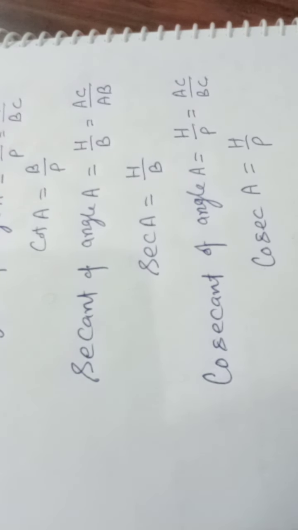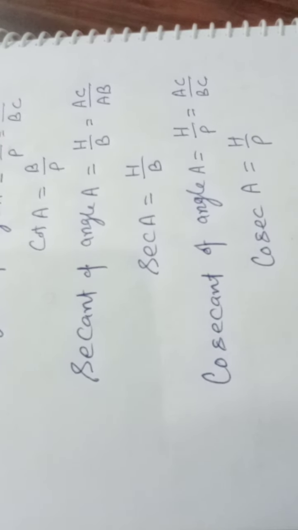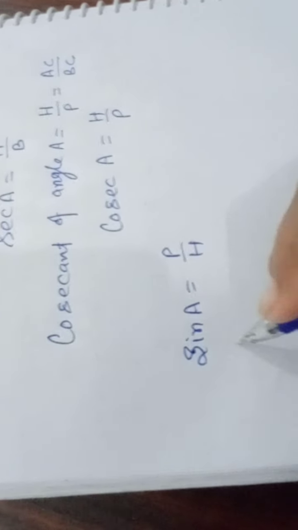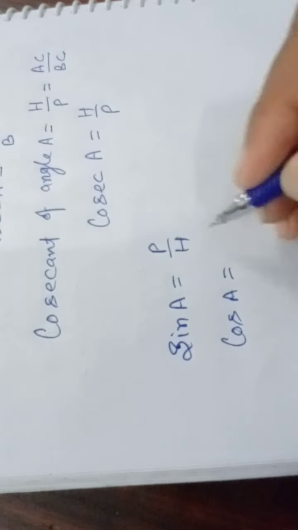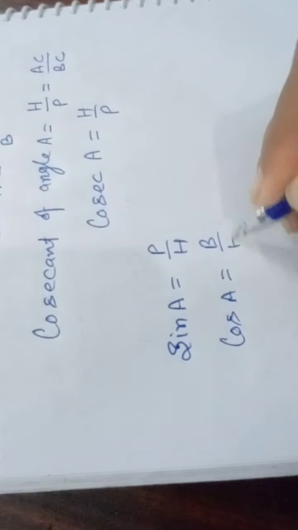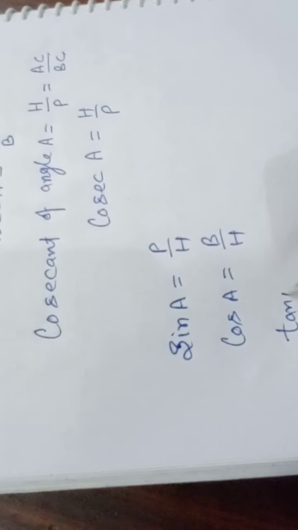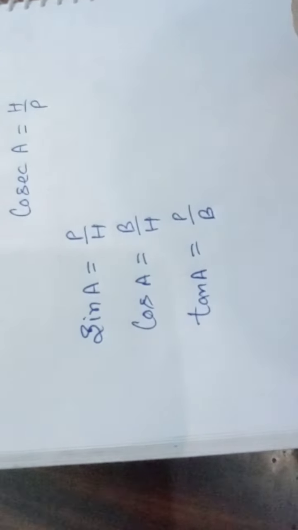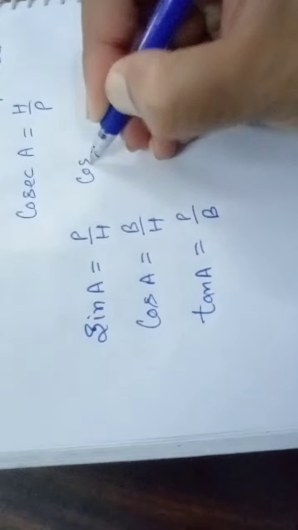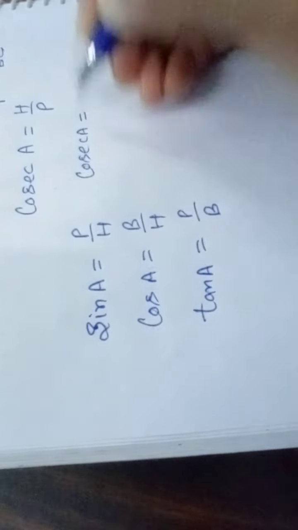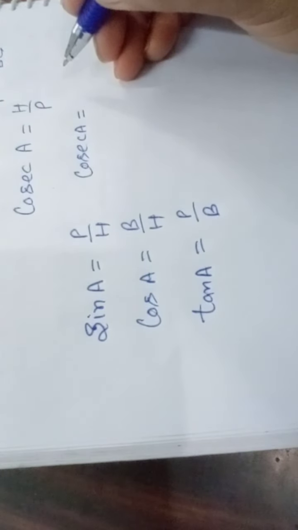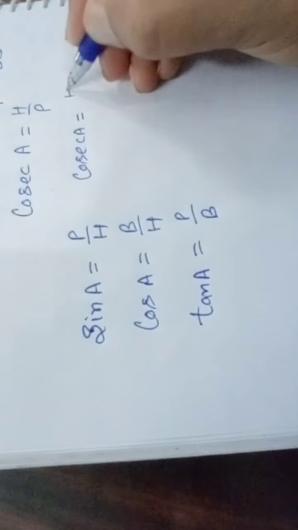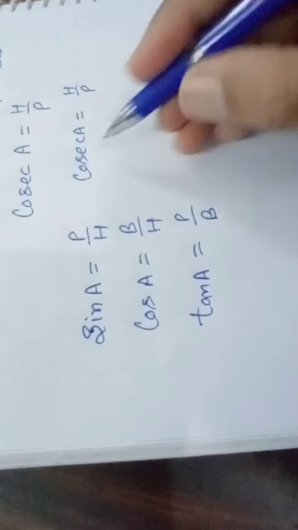So again I am writing them, just you see. Sin A is equal to P by H. Cos A is equal to what? B by H. And tan A, simply I am writing, it is P by B. And if you minutely observed, then cosec A is nothing but the reverse, or we can say multiplicative inverse or reciprocal of sin A, it is H by P. ये साथ साथ मैंने लिखा है, आप देख सकते हैं.